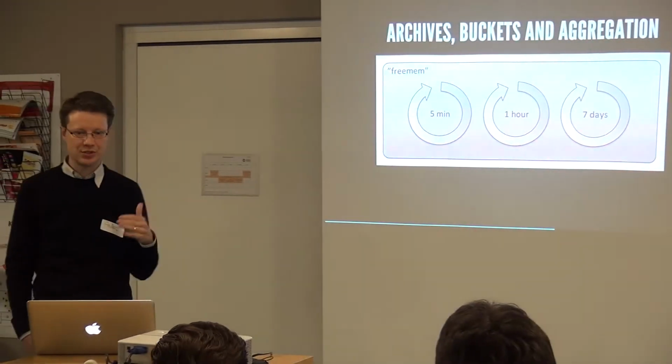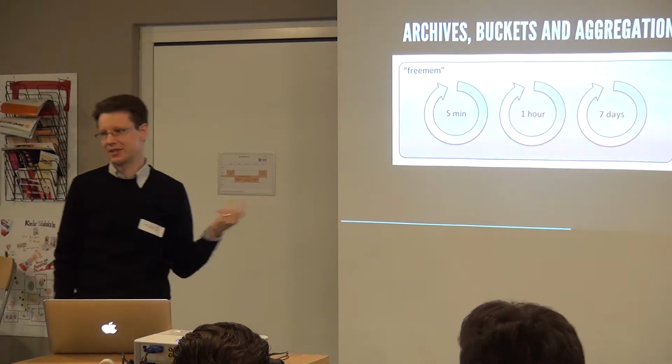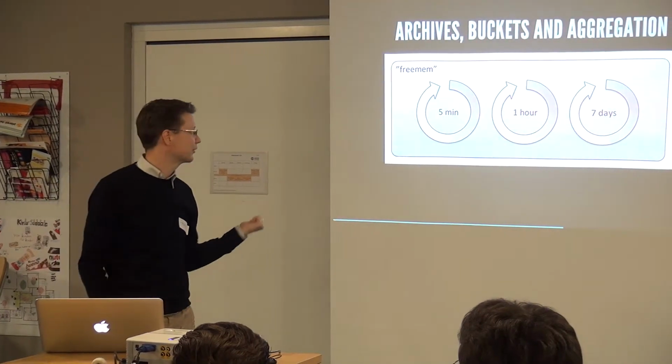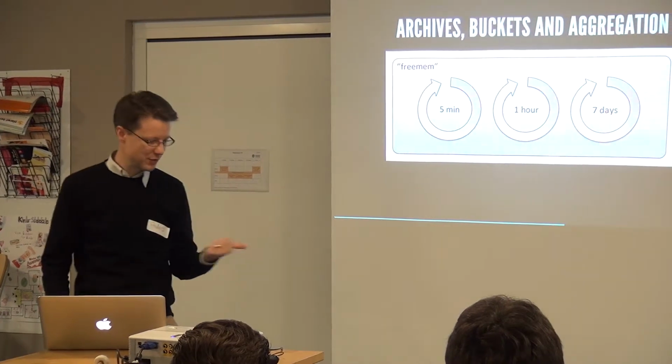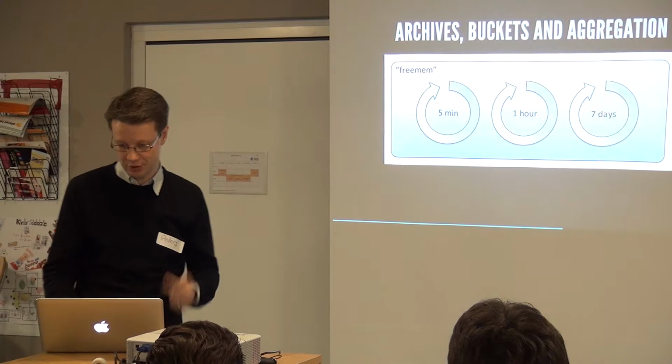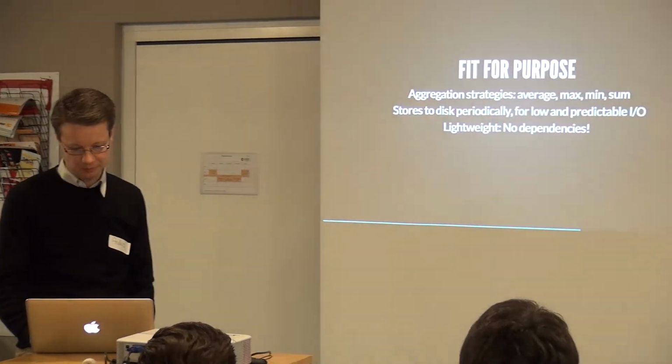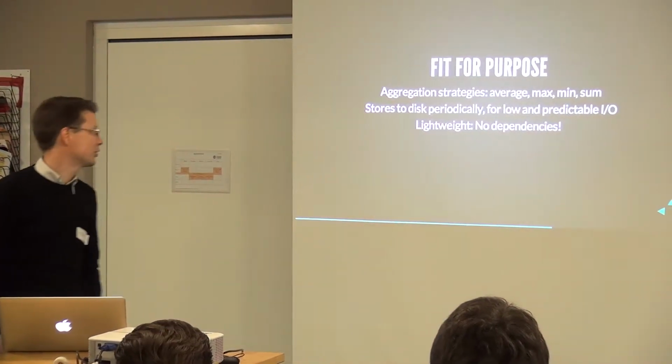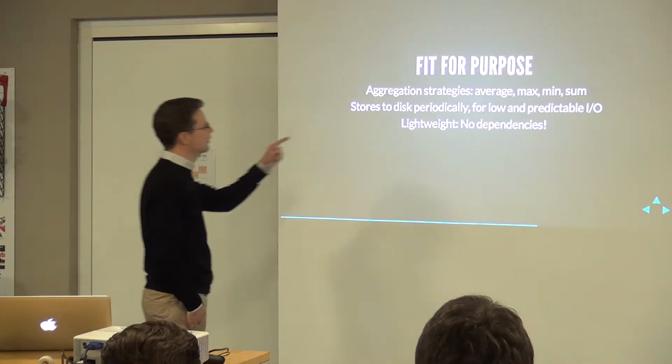This way you also get a fixed memory size, so you know how much memory your monitoring will consume, and you know how much I/O it will consume. So I believe it's fit for this purpose. I added a few aggregation strategies.